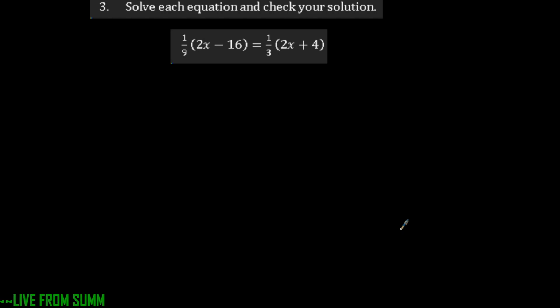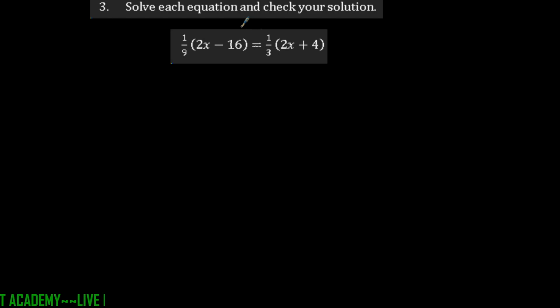On the back, I'm going to break this apart one problem at a time, that way I can have enough space. So on number 3, it says solve each equation and check your solution, which I'll show you how to do in just a second. So it says I have 1/9 times those parentheses equals 1/3 times those parentheses.